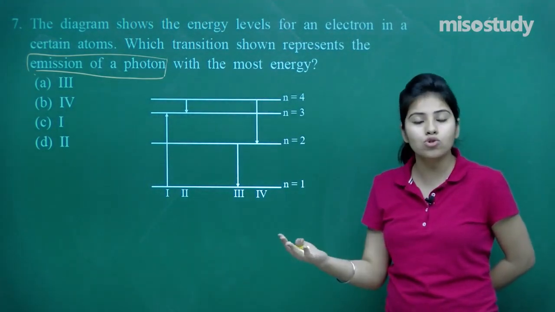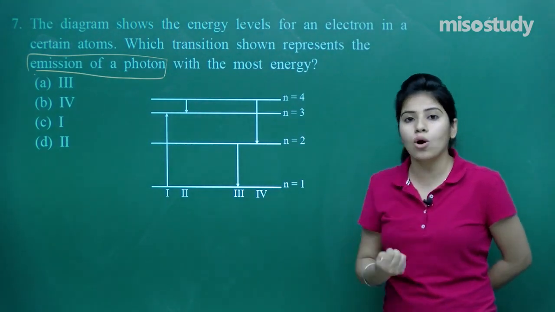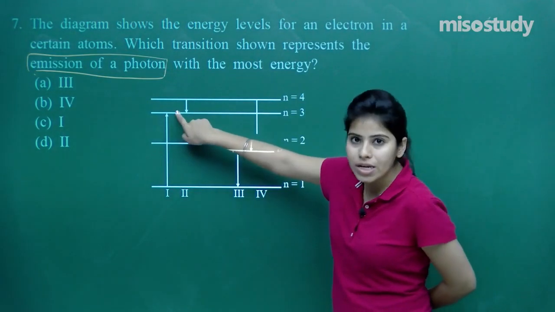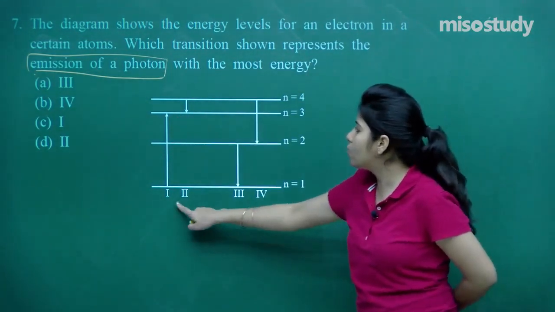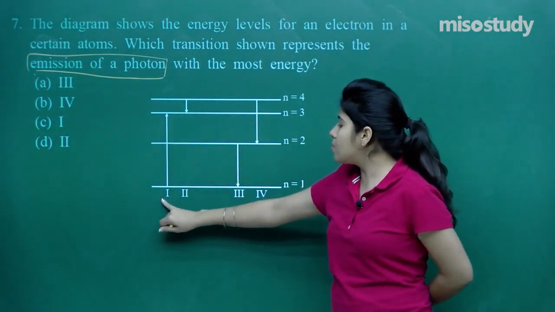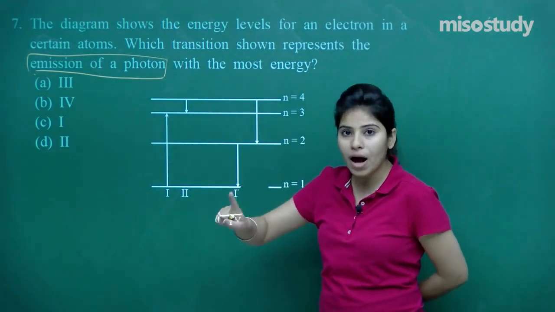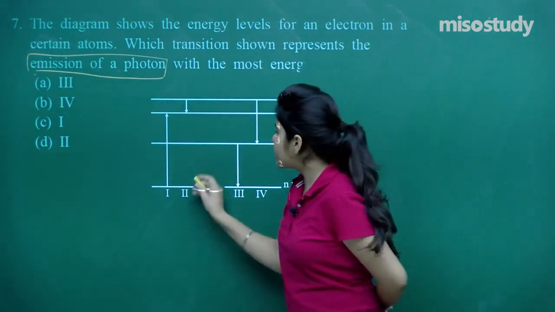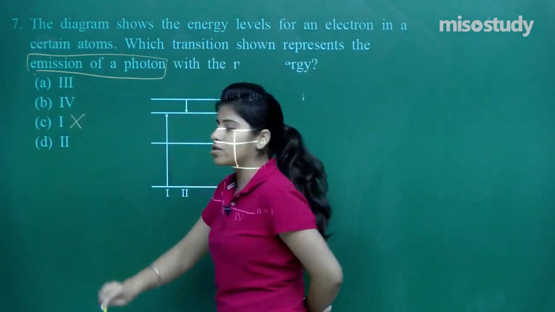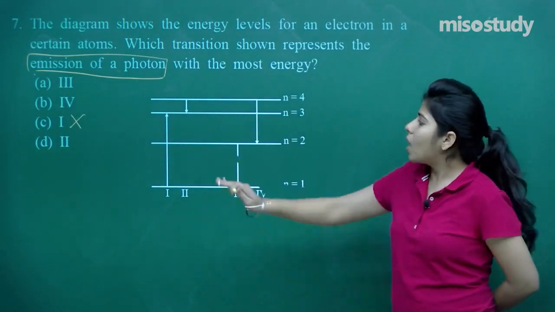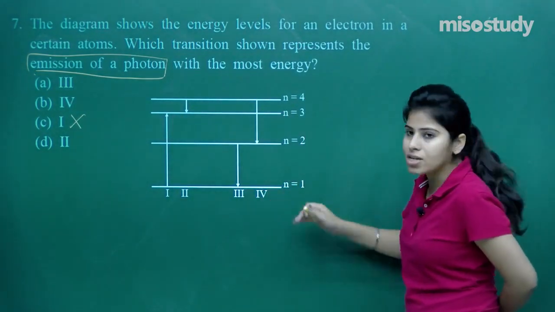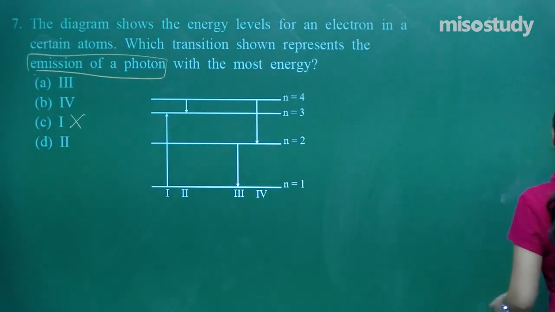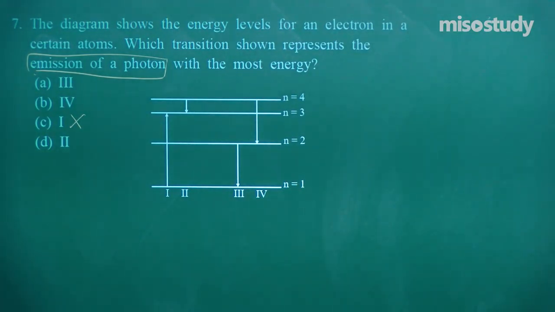It will not emit a photon, it is going to absorb energy. So in this case the transition from energy level 1 to 3 is not going to show the emission of a photon. Definitely this option is going to be deducted. Now for the other energy levels, I will be checking which one shows more energy.